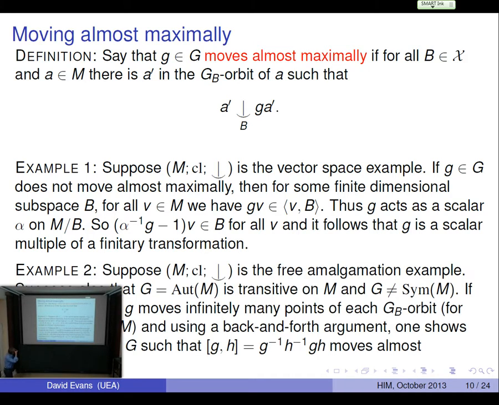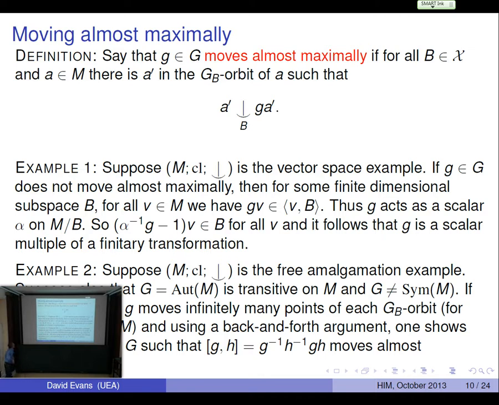Okay, what happens in the free amalgamation example? Well, roughly speaking, what happens is this. Suppose that the automorphism group is transitive on the structure and it's not the whole symmetric group.